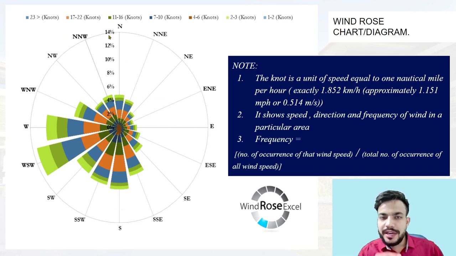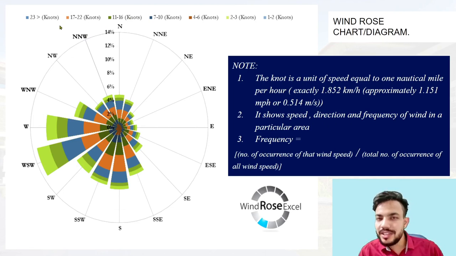The second component is the wind speed, which is very important. Wind speed is represented in units of kilometer per hour or meter per second. But if the wind is of higher magnitude, you can represent it in knots. So 23 knots, 7 to 22 knots, these are the different ranges of measurements we have taken. A wind speed of 23 knots, what does it represent?